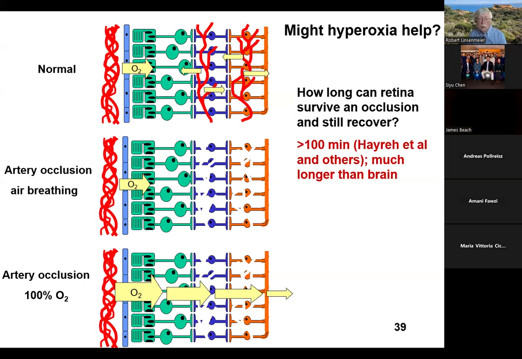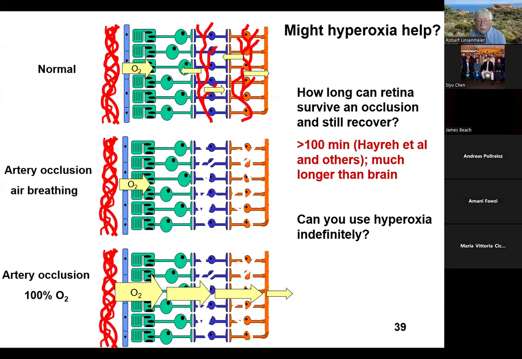This is much longer than you have to restore function in the brain, partially because there is some oxygen and some glucose out here in the vitreous that can do vegetative metabolism in the inner retina. But hyperoxia will clearly get more oxygen into the retina.